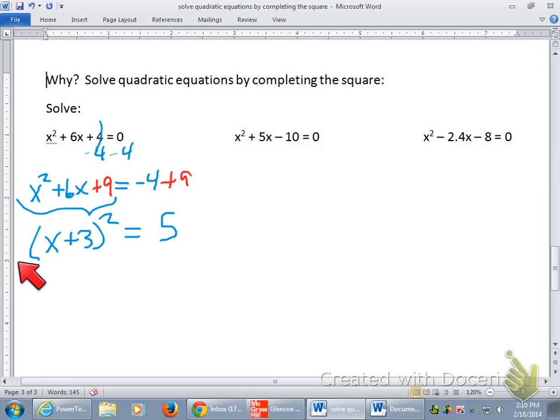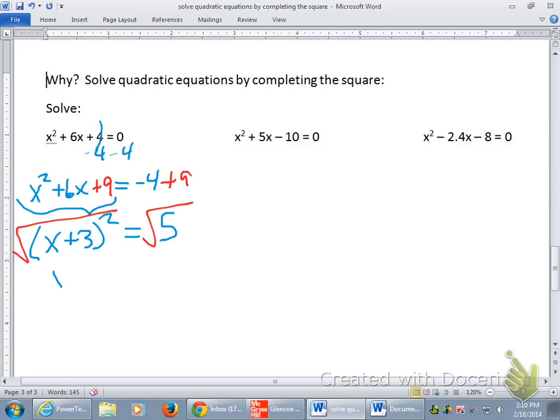Now, is this last night's problem? Sure it is. If you have something squared, you can do the inverse of the square to solve it. What's the inverse of the square? Square root both sides. The square root and the square are inverses.